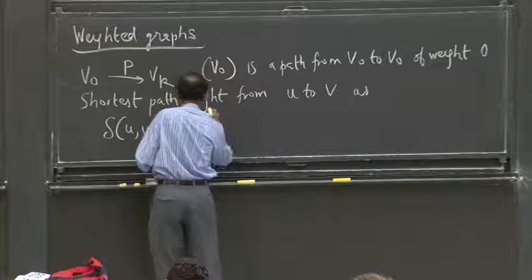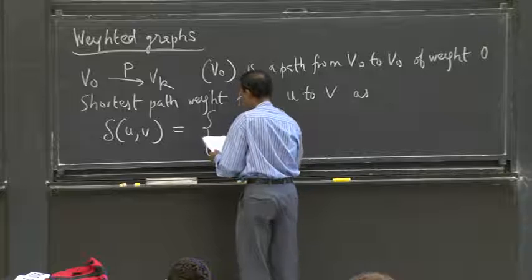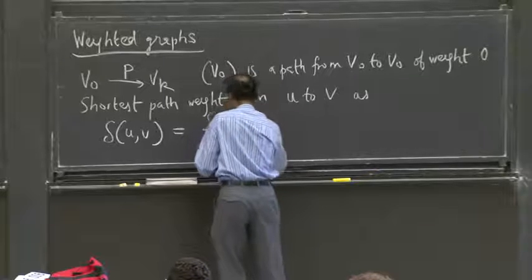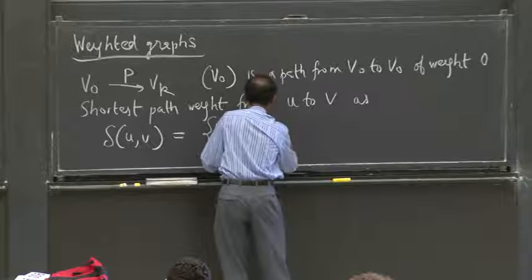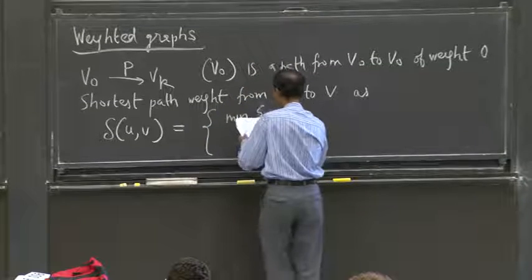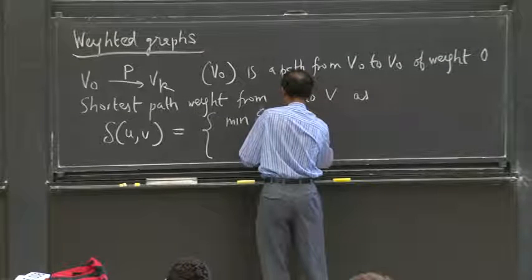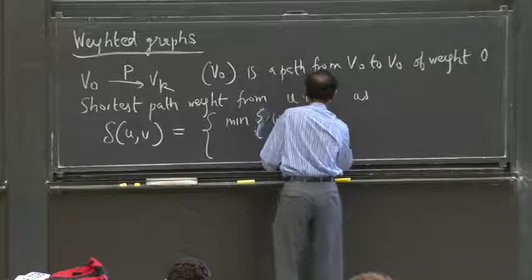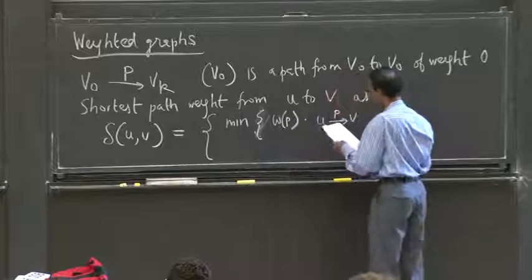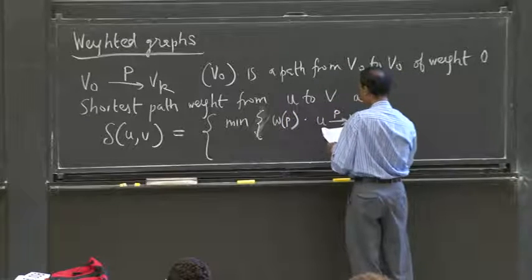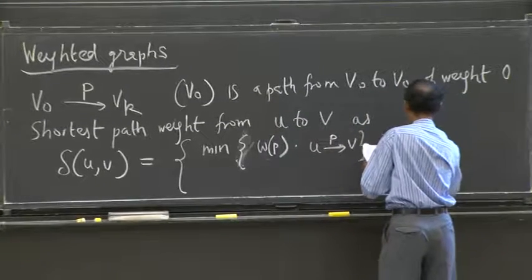And in particular, what we want is delta uv to be the minimum over all the paths, weight of P, such that P is in fact a path from U to V. And this is the case if there exists any such path.